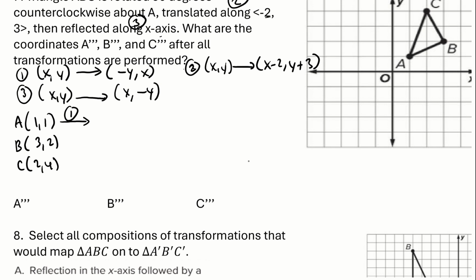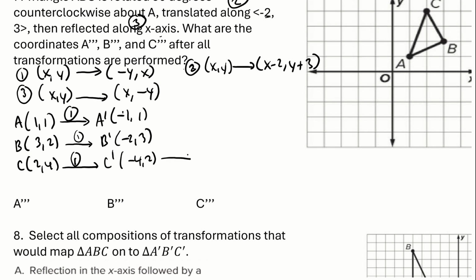So let's apply rule number 1. So if I apply rule number 1, I switch it and then put a negative on the first. Switch it, put a negative on the first. Switch it, put a negative on the first.